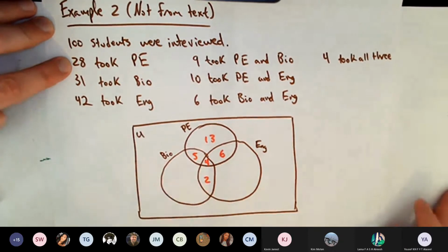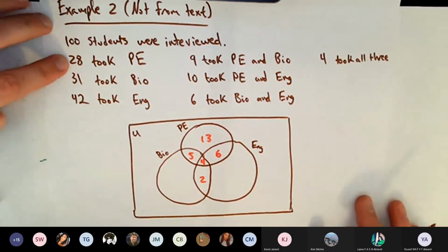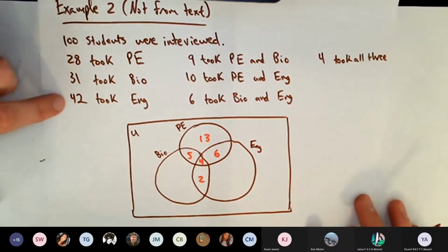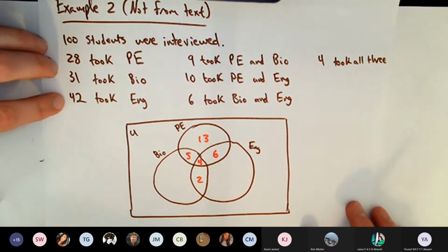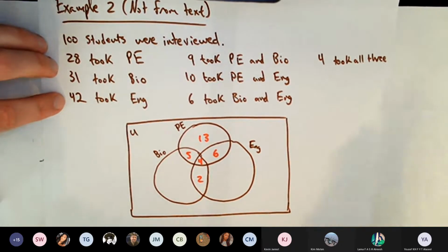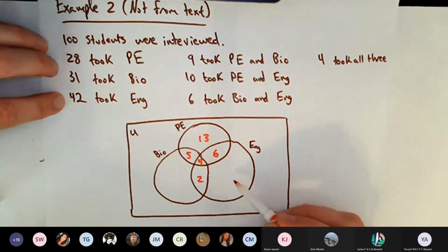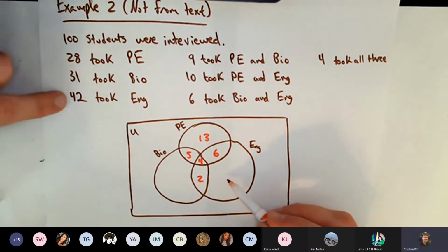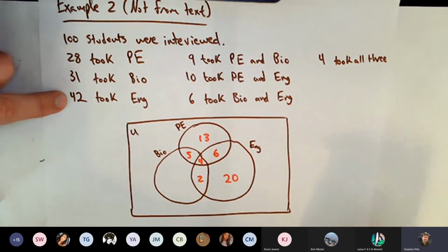13. Good, 13. Okay, now what about, and let's see, it was Stephen, what would be left in English? 20, I think so, yes. Wait, no, that's biology. 20 is biology, I'm sorry.